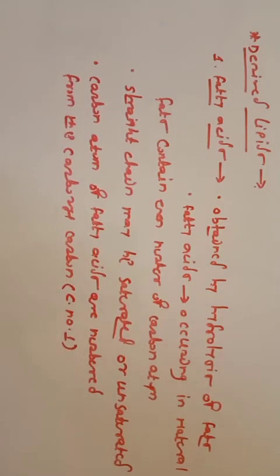With respect to the C double bond O group, the adjacent carbon is the alpha carbon. Then carbon atom number 3 is the beta carbon, and the end methyl carbon is known as the gamma carbon. So the numbering is very simple.